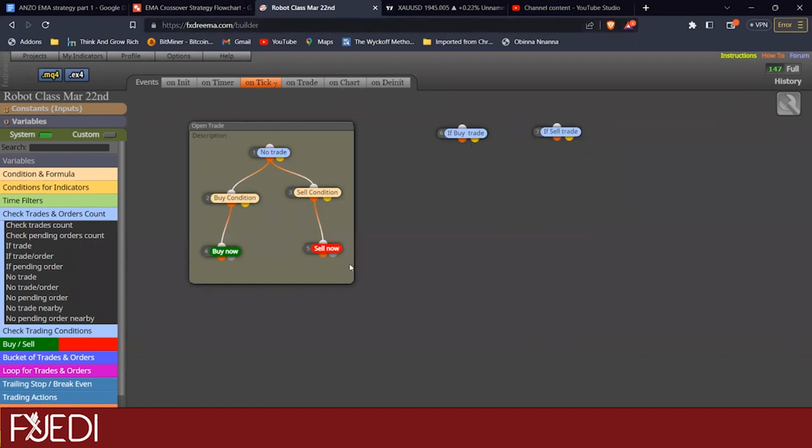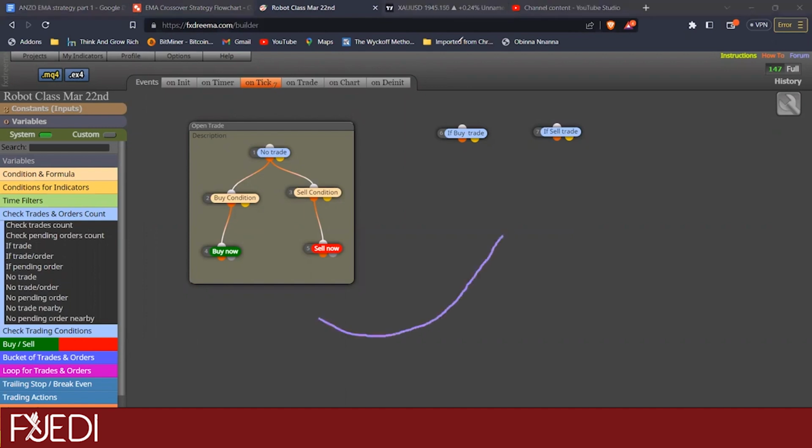Remember my drawing. The reason we're looking to get into a buy is because the fast moving average crosses above the slow, right? Let me draw again. We look to buy because the fast moving average has crossed above the slow. This is the slow and this is the fast.